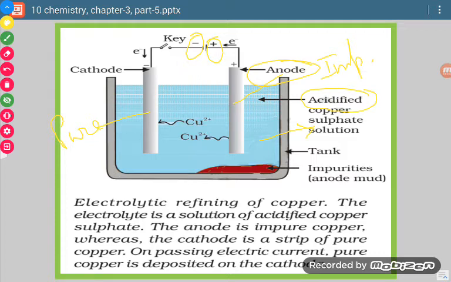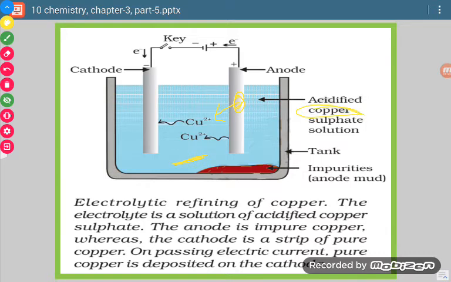Now when the process starts, when we allow current to pass, copper atoms present in the anode come into the solution. In the solution there is presence of copper ions.